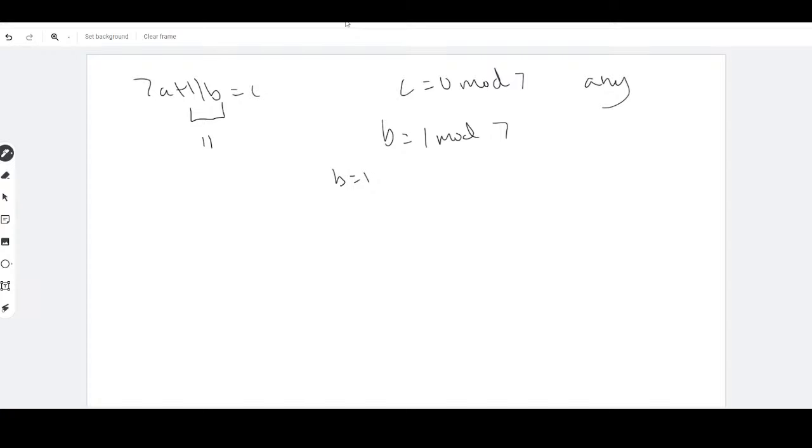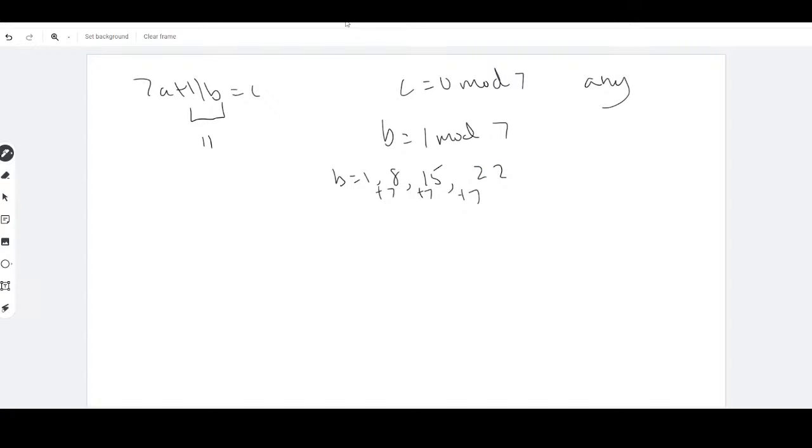But what else can b be equal to? Well, it can be equal to 8, since 8 divided by 7 has a remainder of 1. And b can also be equal to 15, since 15 divided by 7 also has a remainder of 1. You can just keep thinking about this as adding 7 to each of these. So b can also be 15 plus 7, which is 22, and 22 divided by 7 also has a remainder of 1.